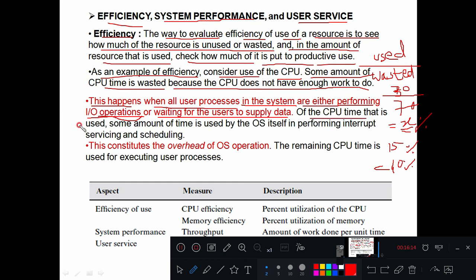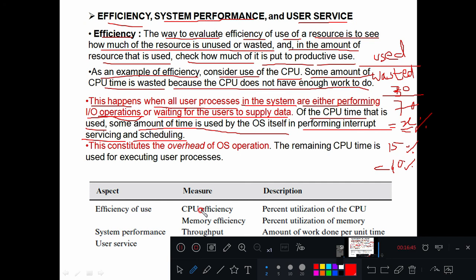Of the CPU time that is used, some amount of time is used by the OS itself in performing interrupt servicing and scheduling. Scheduling also requires processing time, right? Whenever the computer system is booted, the OS is sitting in read-only memory, because read-only memory is non-volatile, and I do not want to lose the operating system.